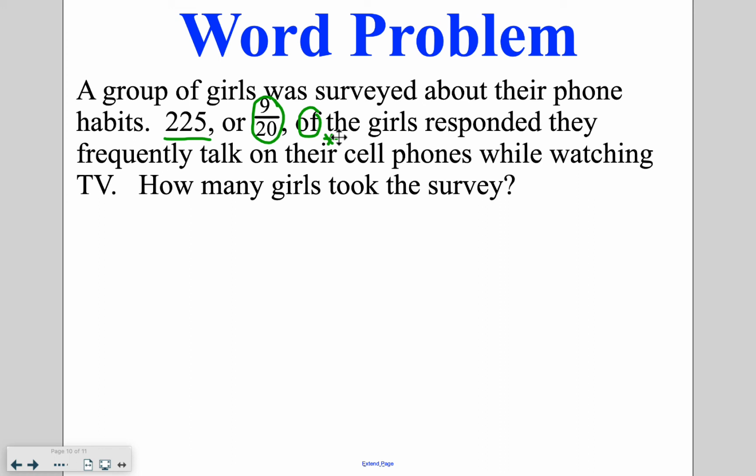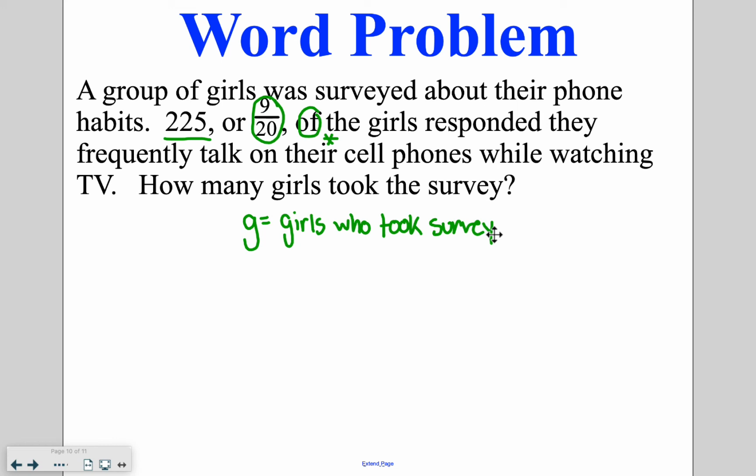When you are writing out these word problems for equations, the first thing you want to do is make sure that you know what your variable stands for. I'm going to use the variable g, and in this case, it's going to stand for girls who took the survey. So it's important to understand what our variable means so that we know where to place it within the equation. If you want to go through and do the step of actually defining the variable and saying what it's equal to so that you can see it visually and write it down, that's fine.